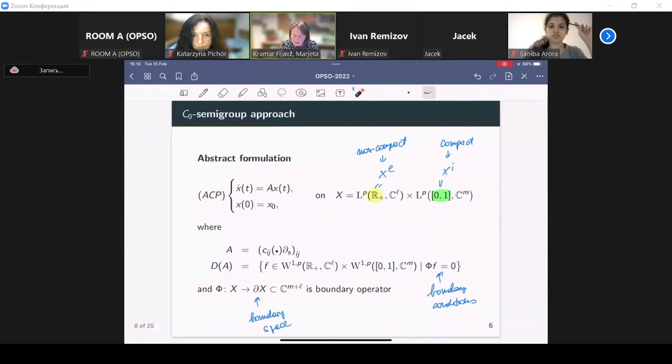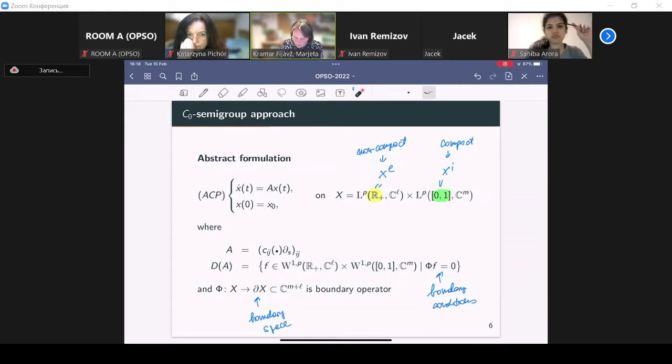Actually, in this transport case, in the non-compact case, it is not necessarily the case that all the vertices are in the boundary. I will explain this in the next page. Before I go to the next page, this is our abstract Cauchy problem with this generator. And of course, our goal is to prove that this operator A generates a C0 semigroup. Then our problem will be well posed.